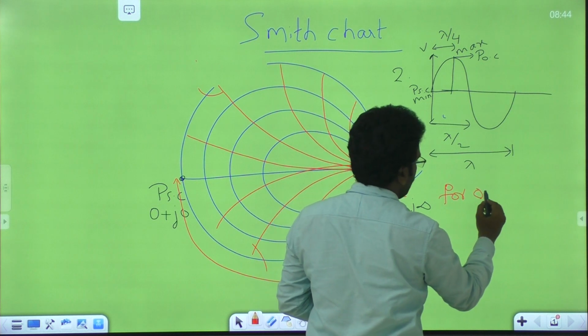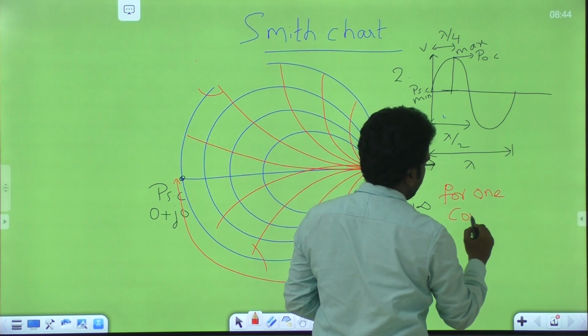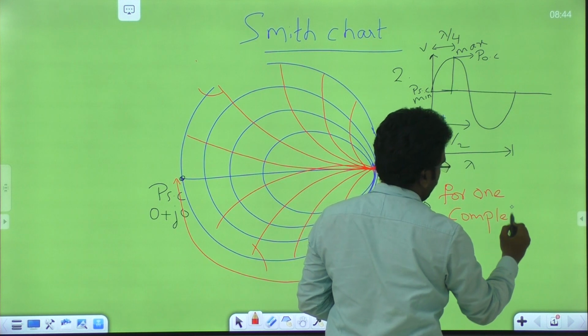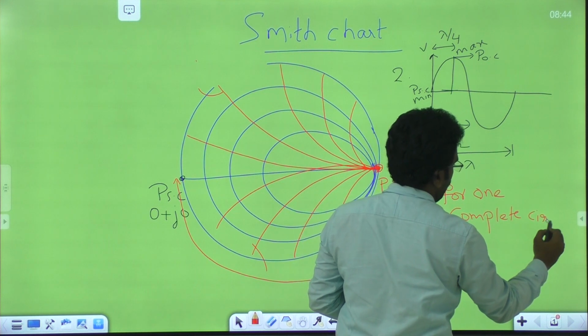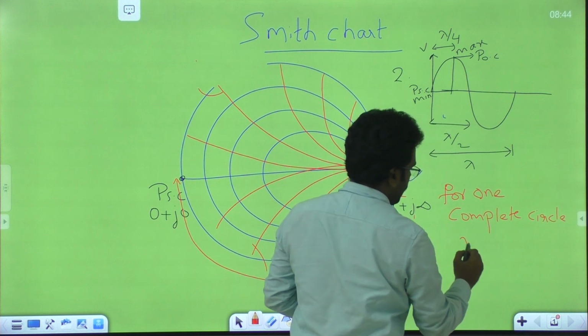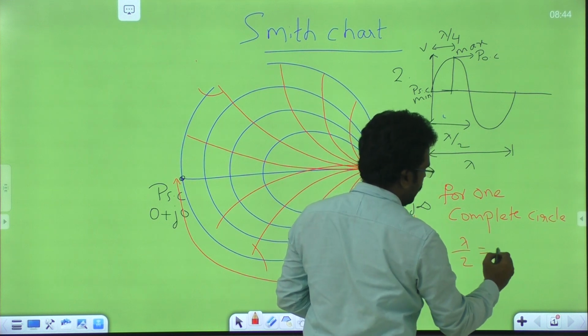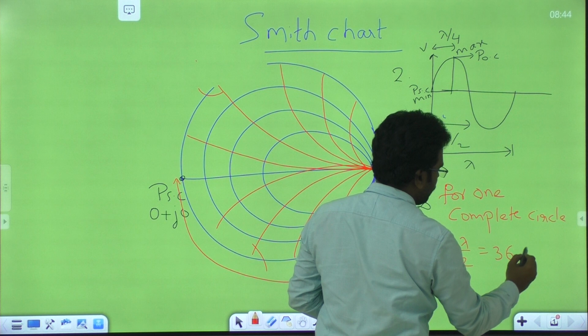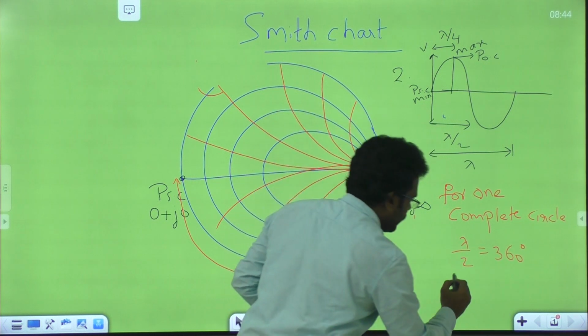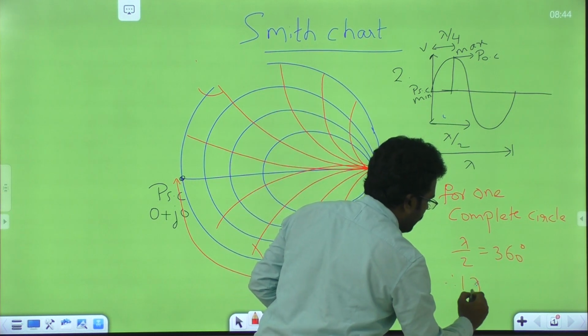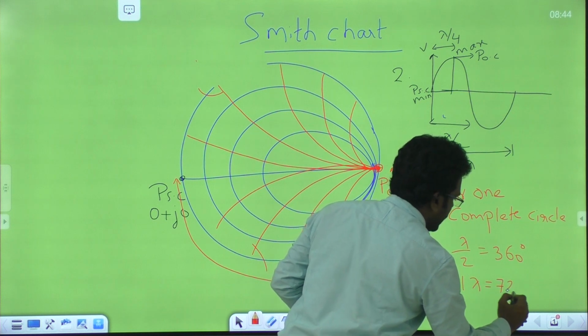For one complete circle, I can take it as lambda by 2. Lambda by 2 is equal to 360 degrees because it is one complete circle. Therefore, I can take 1 lambda is equal to 720 degrees.